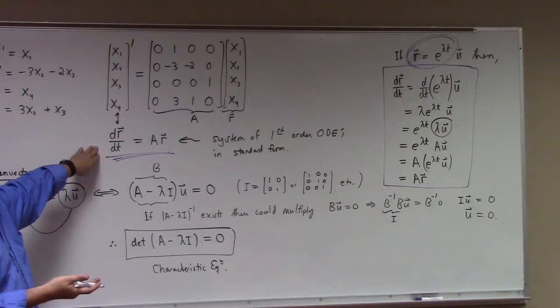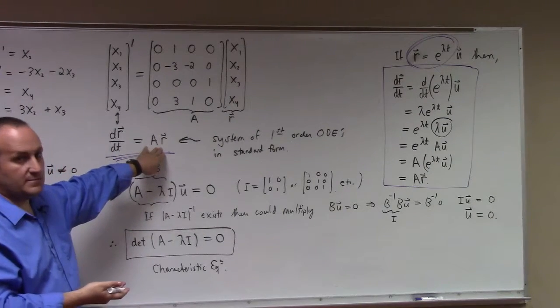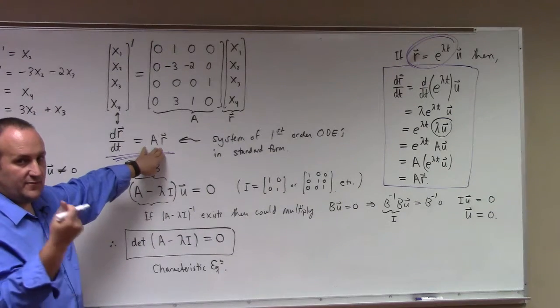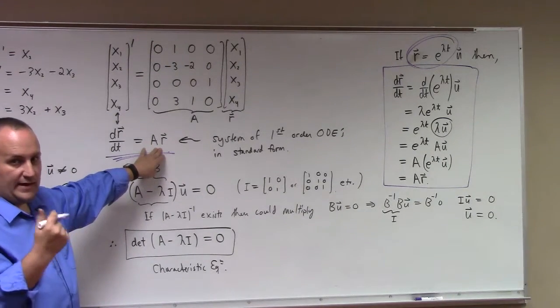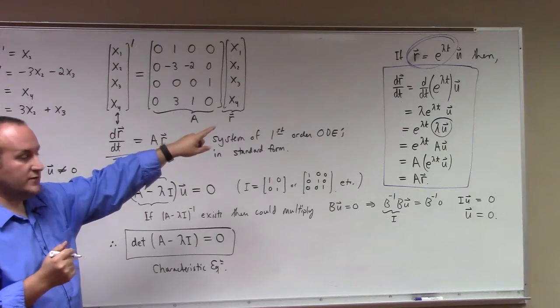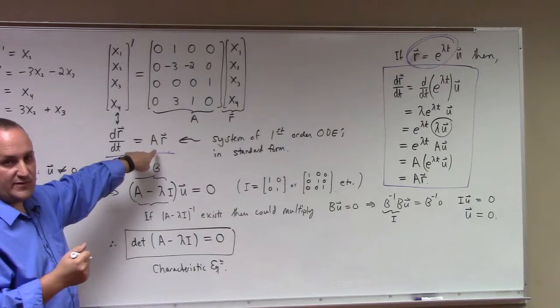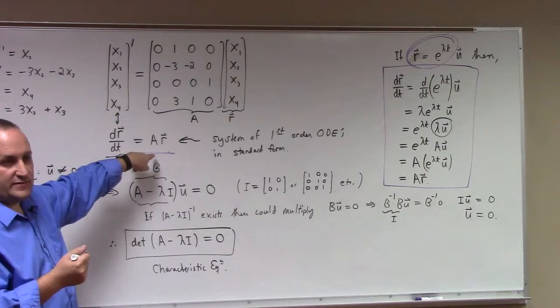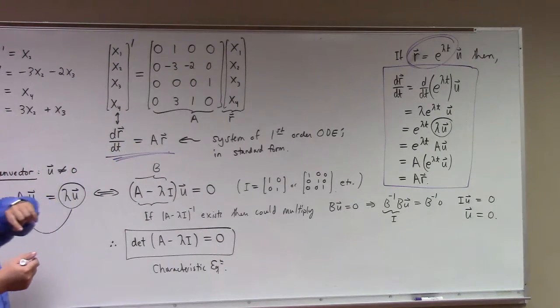When I differentiate it, what pops out the other side? Nothing more than A times R. That says that if you give me an eigenvalue and an eigenvector, then I can construct a solution to this differential equation using them, just like that. I call such a solution an eigen solution. This will solve most of what we have to do.